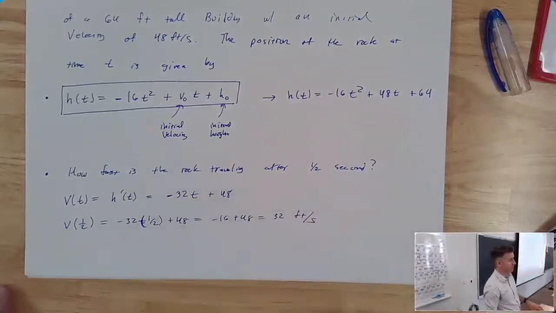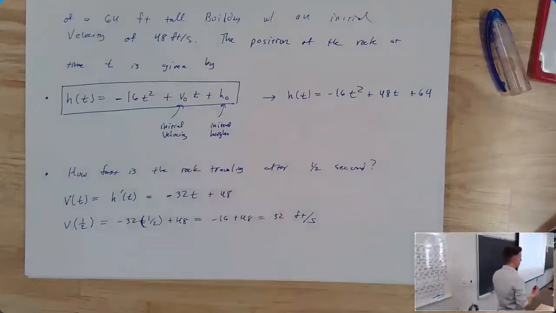So after the rock has been traveling for 1/2 a second after I threw it, it slowed down a little bit. It's only going 32 feet per second instead of the initial velocity of 48 feet per second. Which makes sense if you think about the effect of gravity, because gravity essentially is slowing this rock down at 32 feet per second. So every second that goes by, the rock is going to be going 32 feet per second slower. I would expect that after a full second, the rock will have lost 32 feet per second and will now only be traveling at 16 feet per second, which is correct.